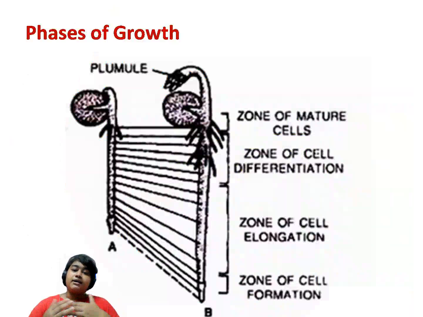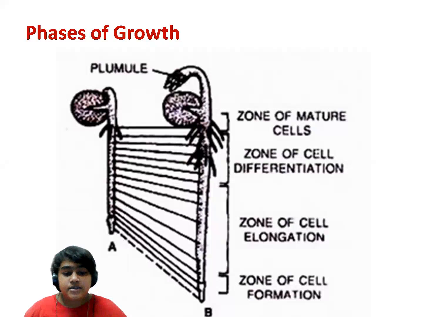Now, if you want to understand these three phases in a very simple way, we can observe this very clearly in this growing seedling. If you look at this picture, you will see that the zones of the phases which we have studied are very well defined here, right? Say for example, see here, this portion, the tip of the root.